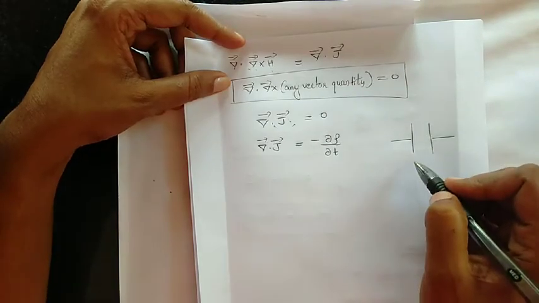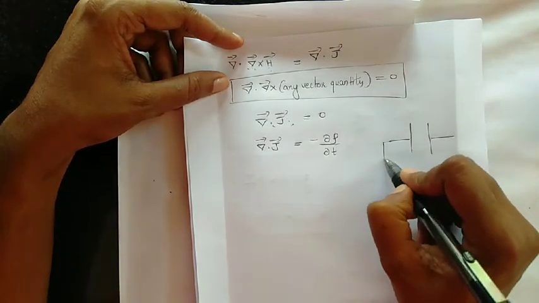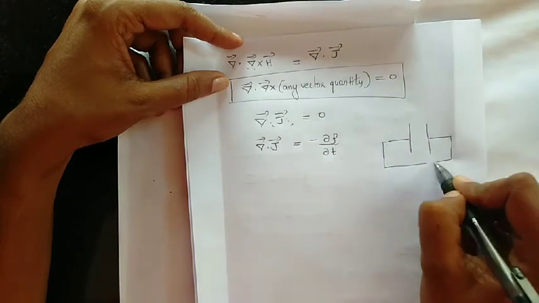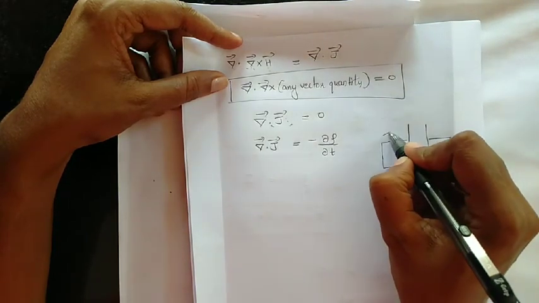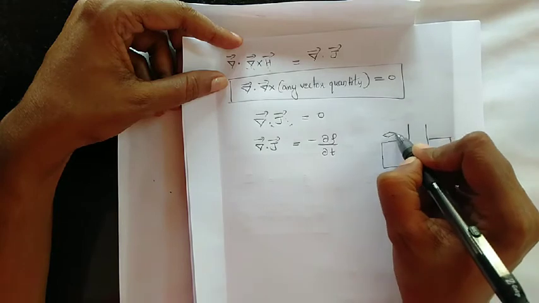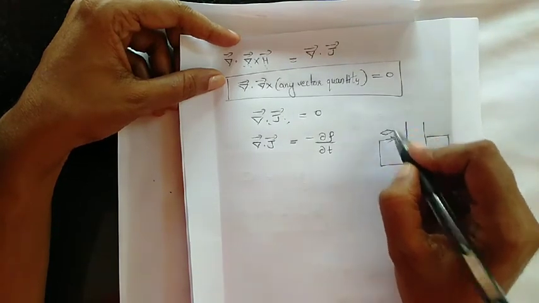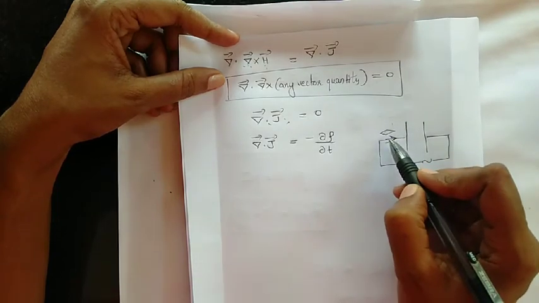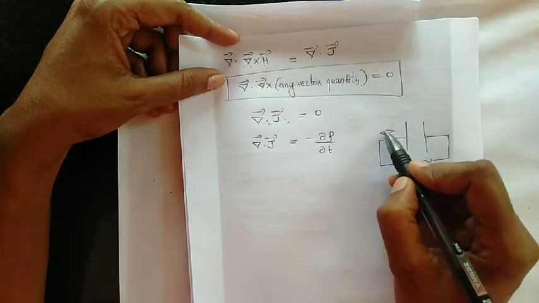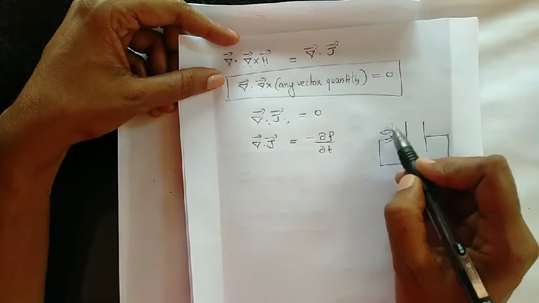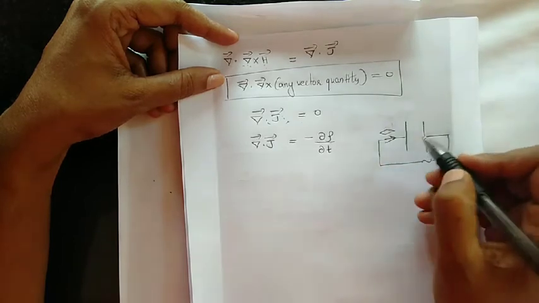Maxwell did one experiment in which he placed a magnetic needle in a current carrying coil, so that if there is current, the needle will deflect. That means if there is current, meaning moving charge, it can create a magnetic field and this needle will get deflected.